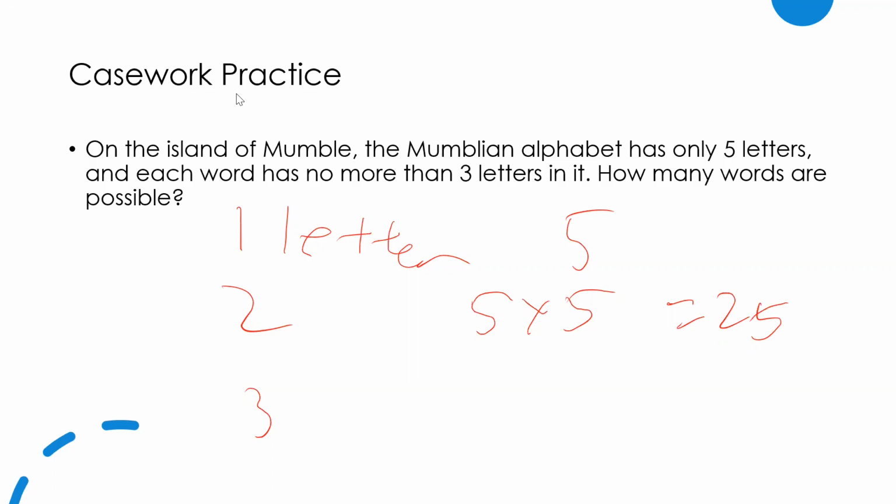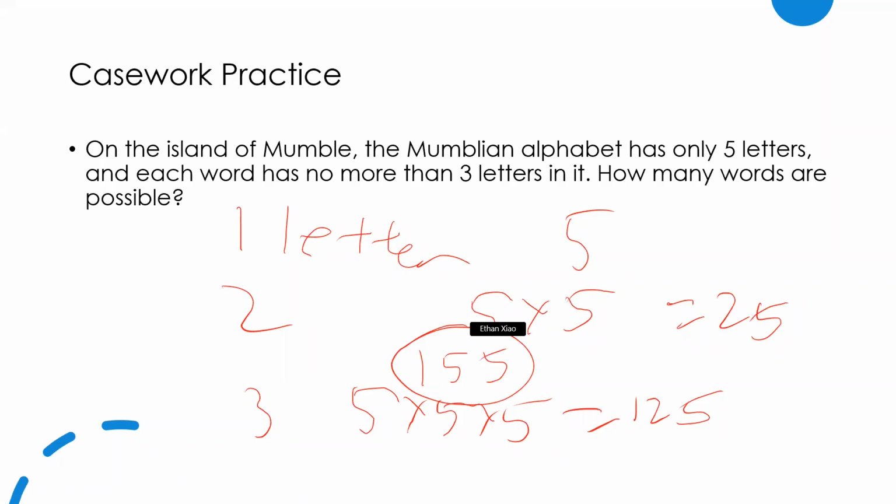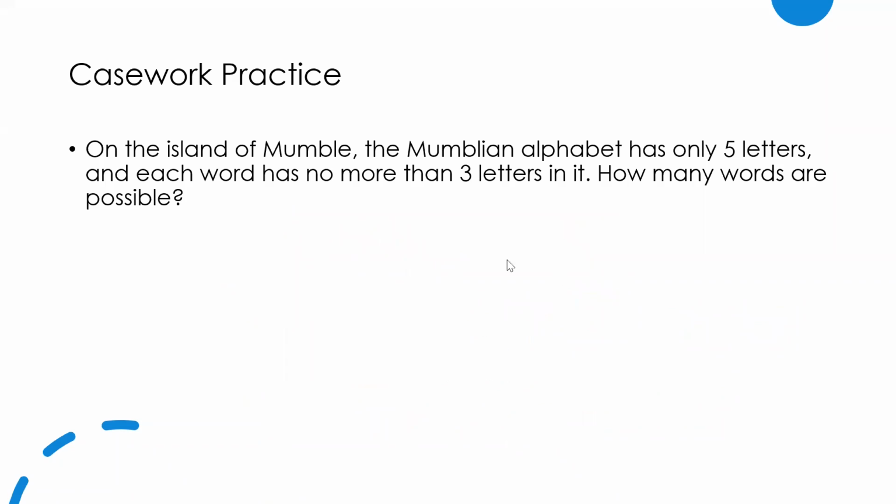So now we can do 5 to the power of 3, which equals 125. So we have 5 1-letter words, 25 2-letter words, and 125 3-letter words. We add all the words together and we get 155. That's the answer for how many words are in the language.